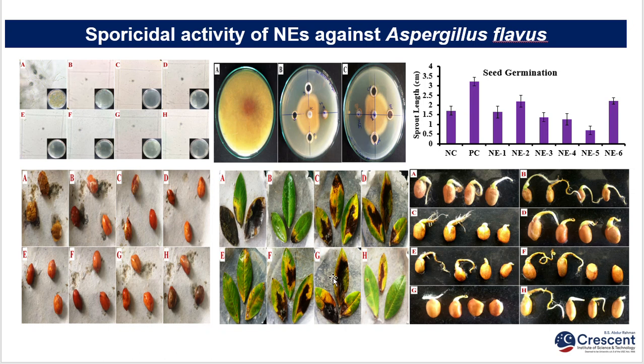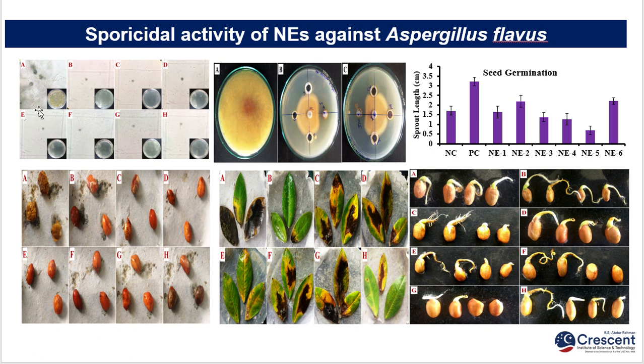You can see here this is control A, a complete control. The Aspergillus flavus has grown very rapidly. In the others, you can see completely no sign of Aspergillus flavus.